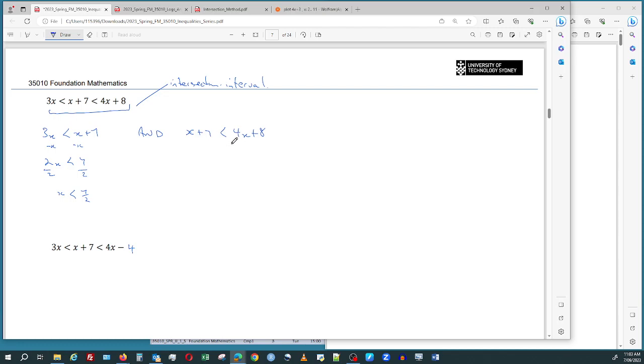Let's see. I could put the number over. That would be okay. So minus 4x, saving myself having to multiply and divide. Minus 3x, and I'll subtract the 7, is less than minus 7 plus 8 is 1. So therefore, now look at this, be careful, divided by minus 3.